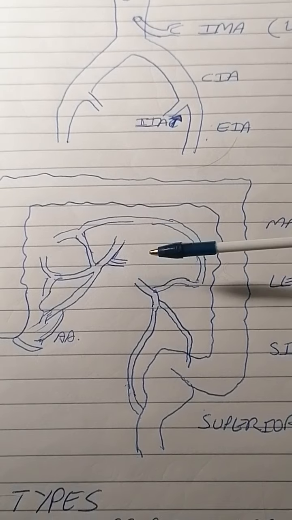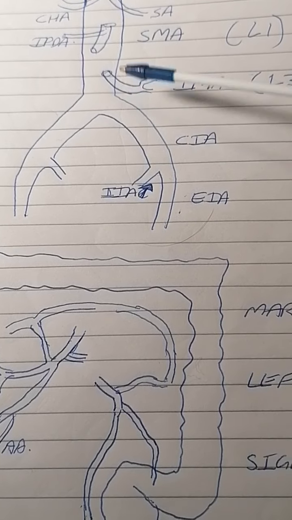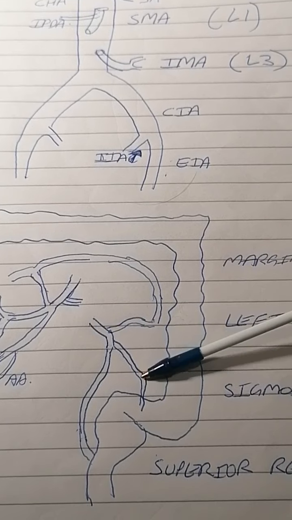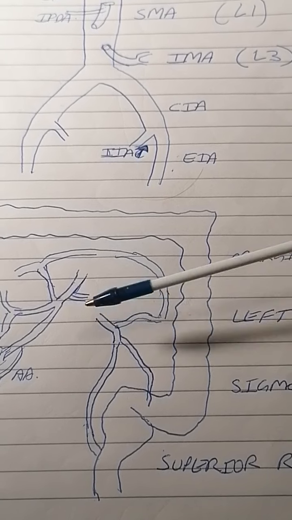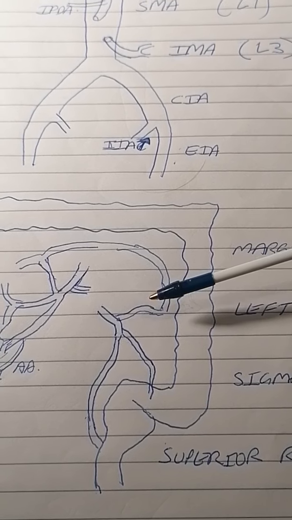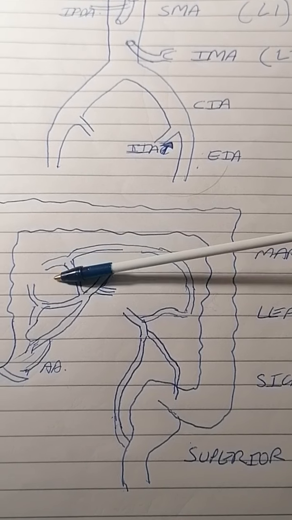Now let's go to the inferior mesenteric artery. The inferior mesenteric artery origin was at the level of L3. Here I have drawn your inferior mesenteric artery again. It further gives 3 branches at the level of the large intestine, just like SMA.